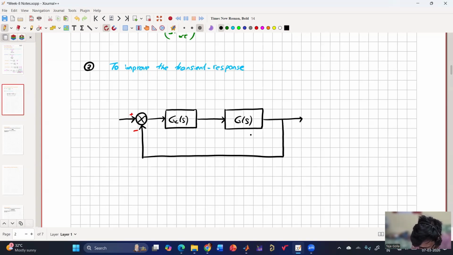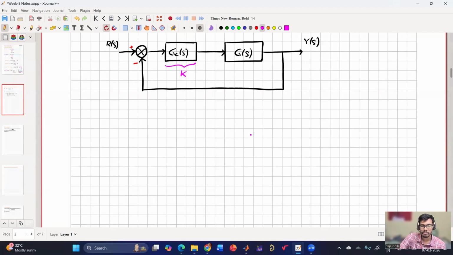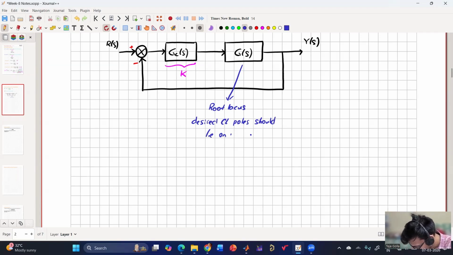So this is R of s, and this is Y of s. Say if my compensation is just a gain k, then by plotting the root locus, the desired closed loop poles should lie on the root locus.